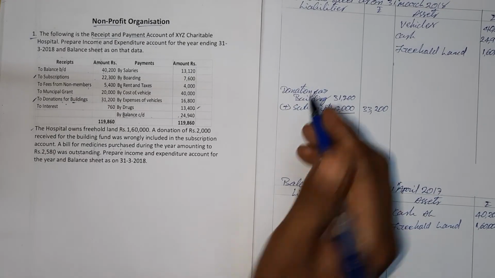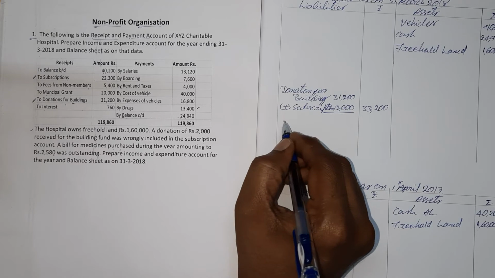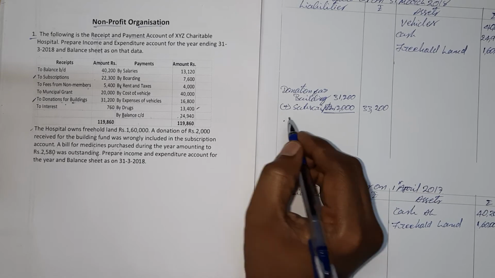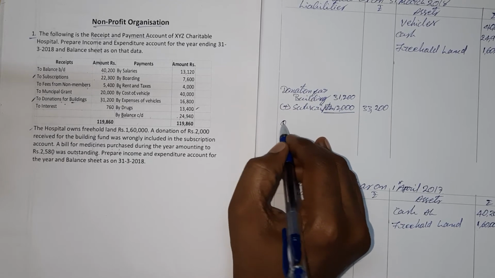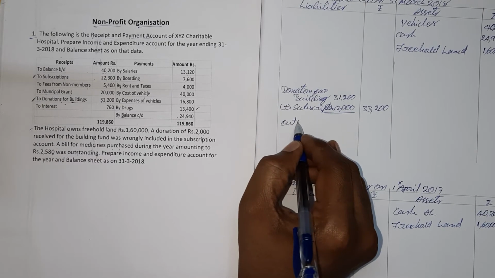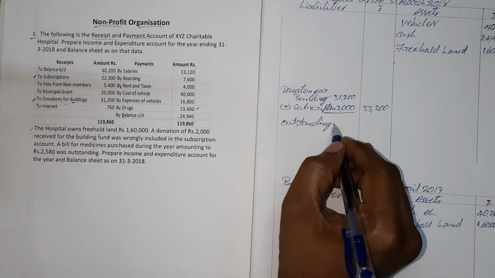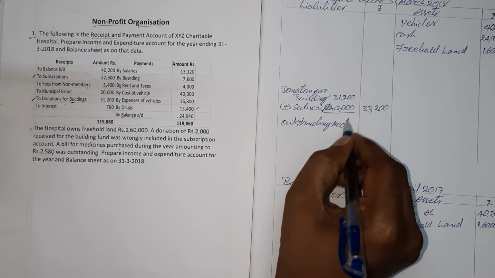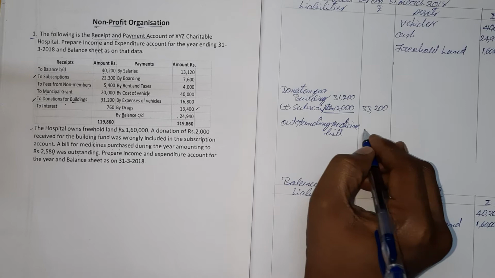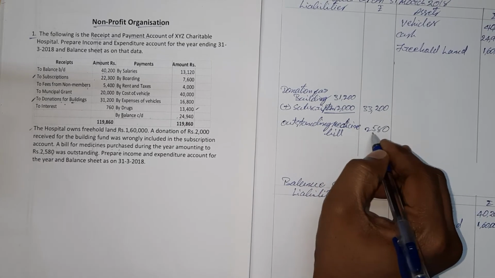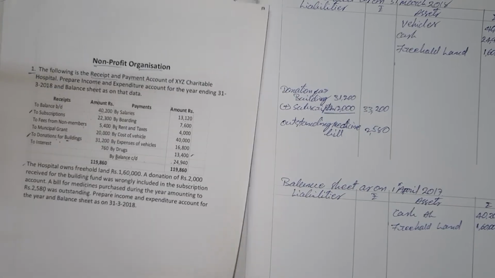So you can write it in the closing balance sheet under the liability side: outstanding medicine bill, 2,580. So all these sums are entered.